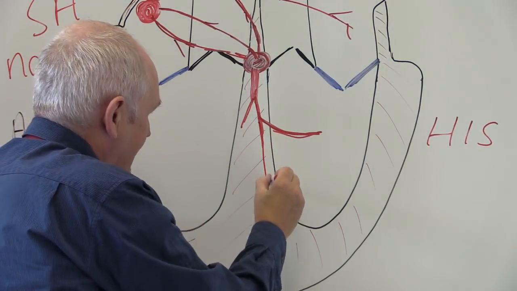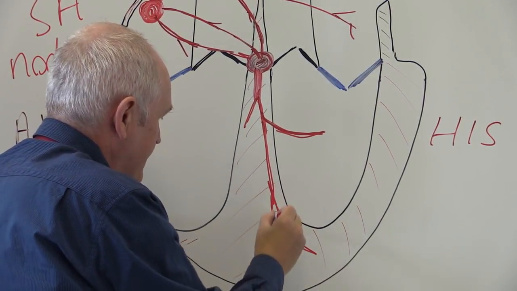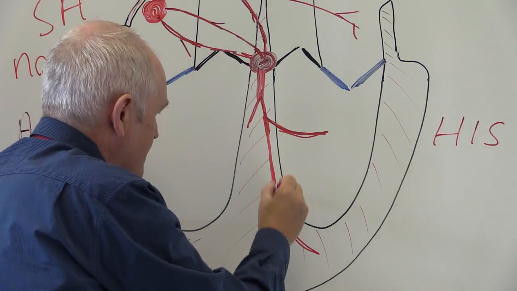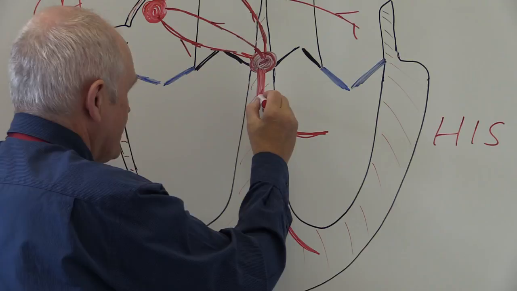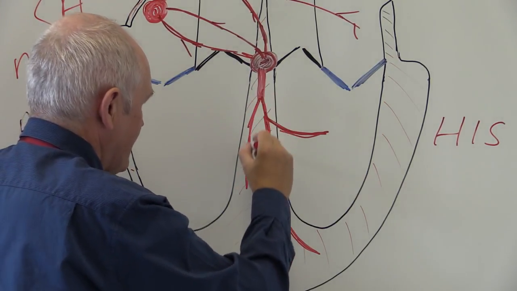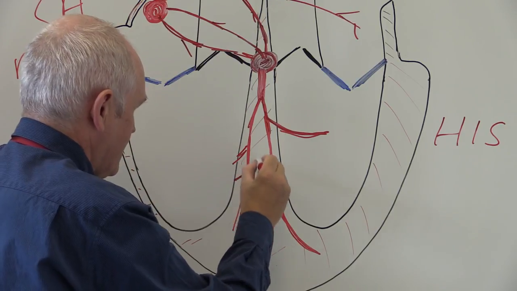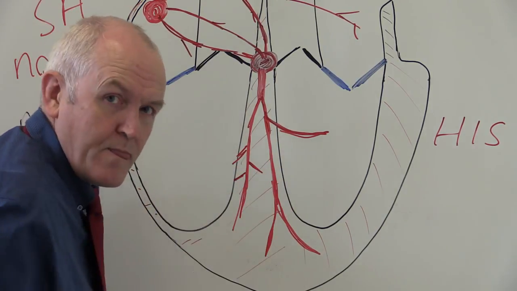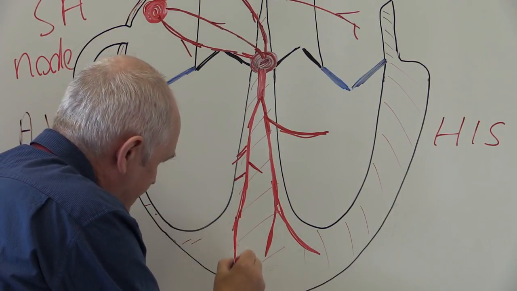And this is going to go on down here, taking the impulse down towards the cardiac apex. And likewise with the right bundle branch coming down here. Again, there's going to be some branches off it, going to different parts of the right ventricular myocardium, and it's going to go down here towards the cardiac apex.